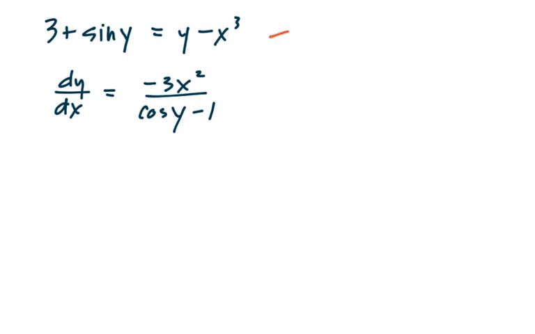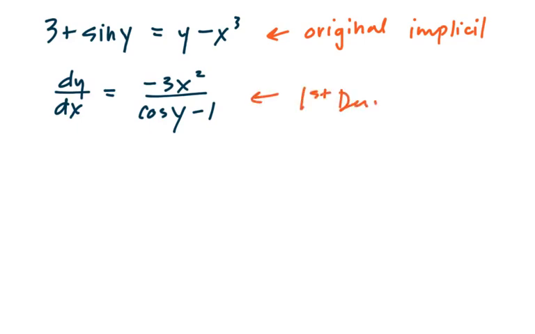So moving along, we have the original implicit function, and then we've got our first derivative. The problem asks us to find the first derivative and the second derivative, and the second derivative is just taking the derivative again of that first derivative.